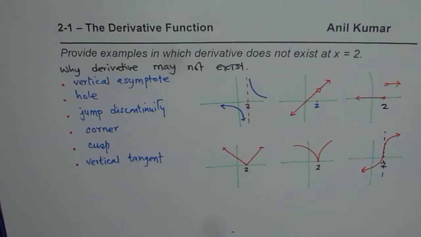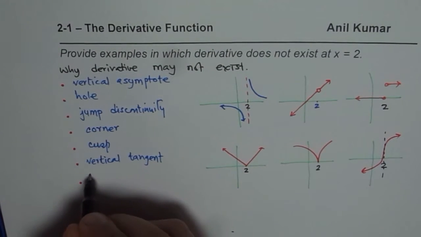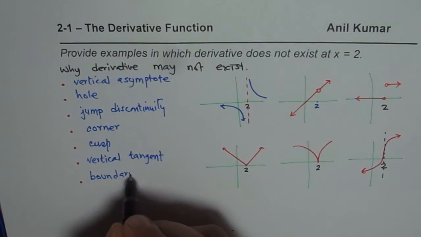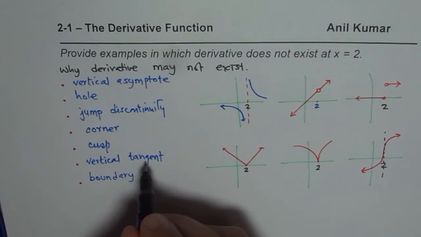So these are a few very good examples where you could say that the tangent does not exist. Other points which just came to my mind to share with you were boundary conditions. So there could be some boundary conditions where at the boundary you may not be able to make a tangent.